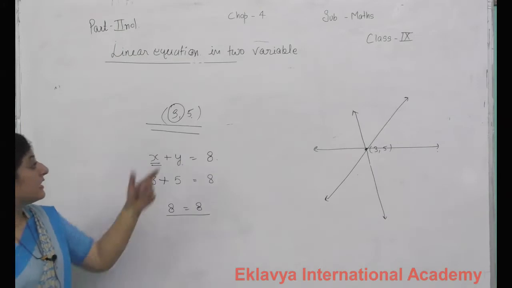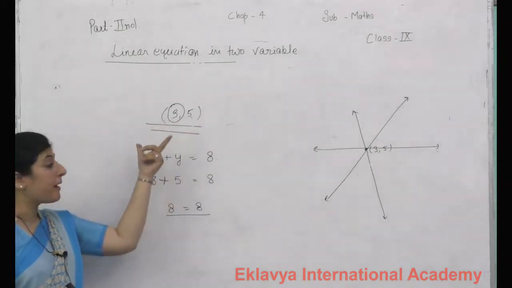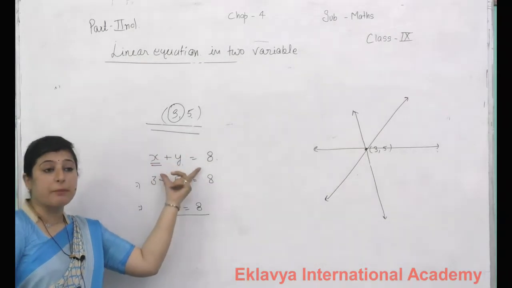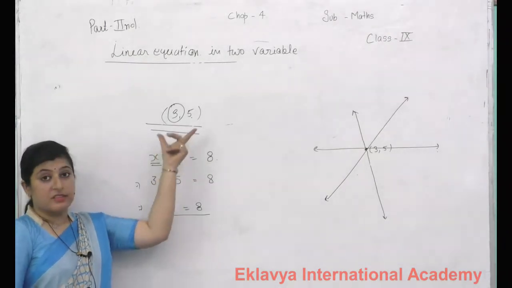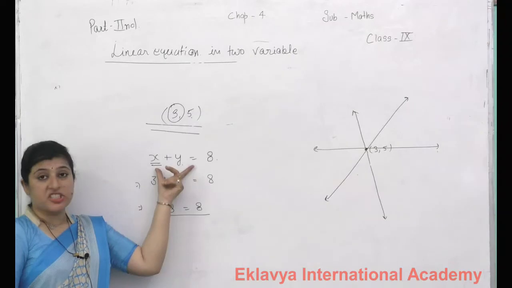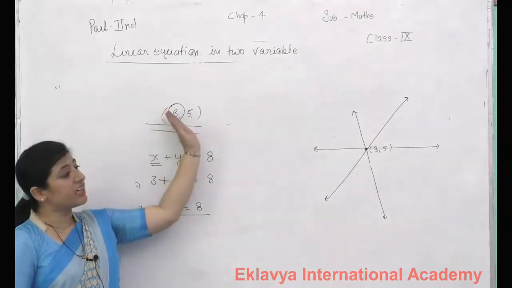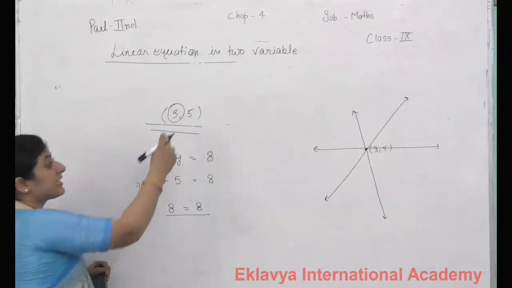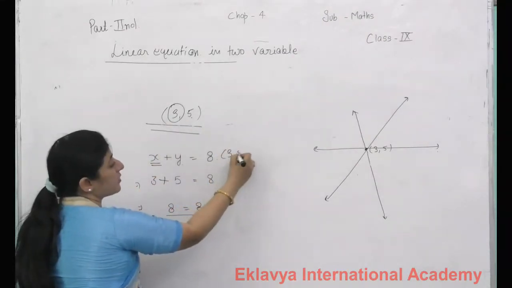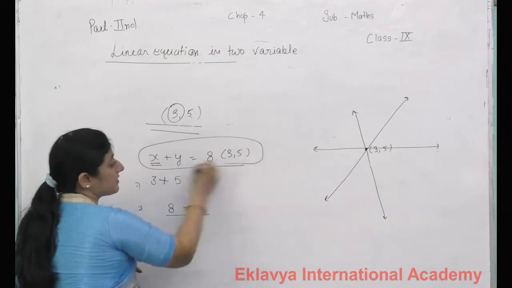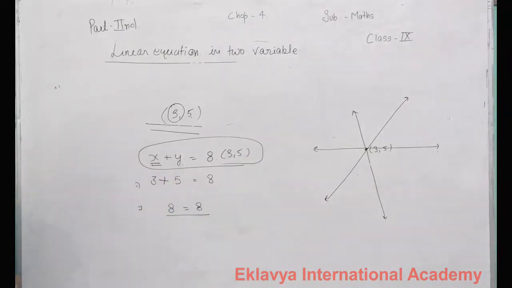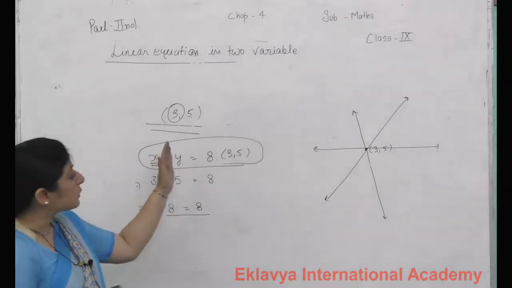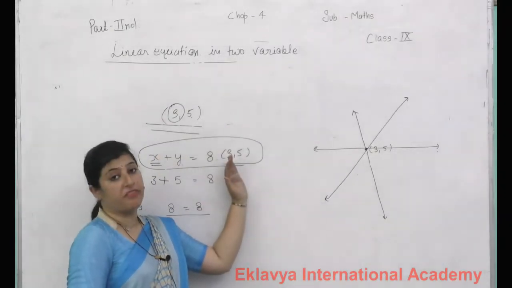It means the given point is passing through this equation. We take just this example for this equation and find that the given solution satisfies this equation. It means (3, 5) is a solution of this equation, or we can say this line passes through the point (3, 5).